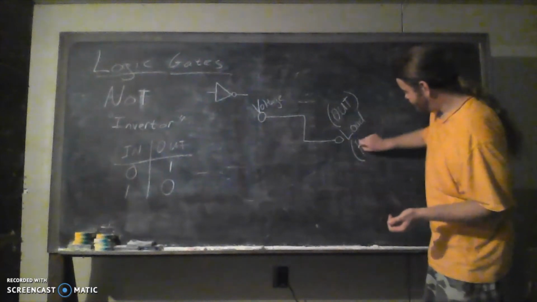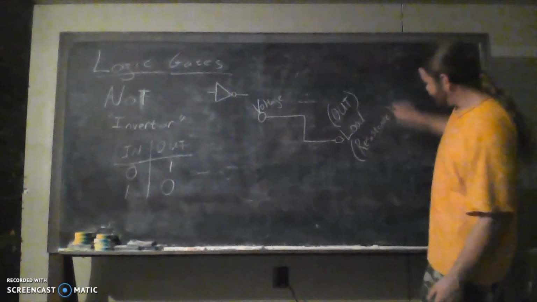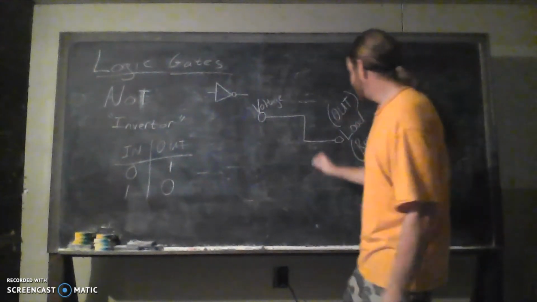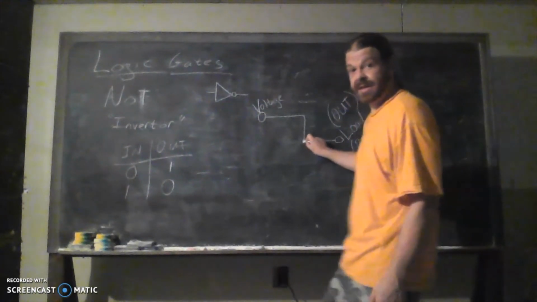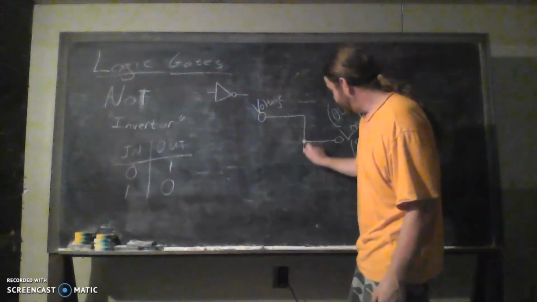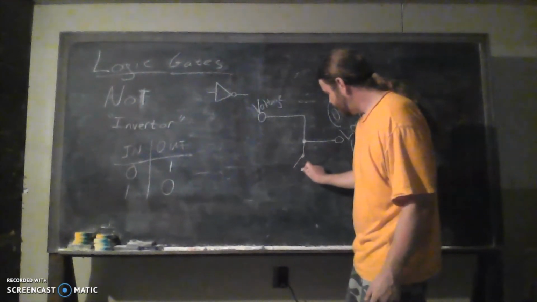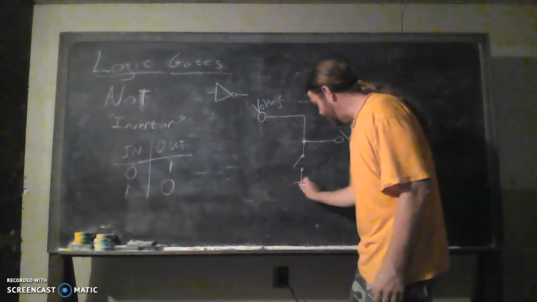So when we do stuff with electricity, there's going to be resistance involved. So what we could also do is form a little junction here and then come down through a switch. And have our ground here.